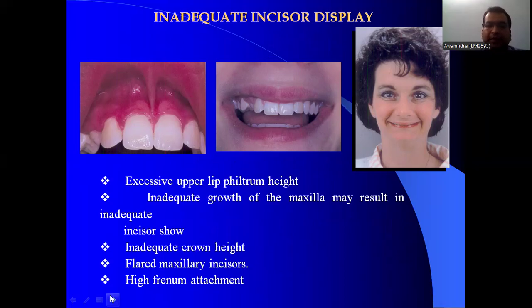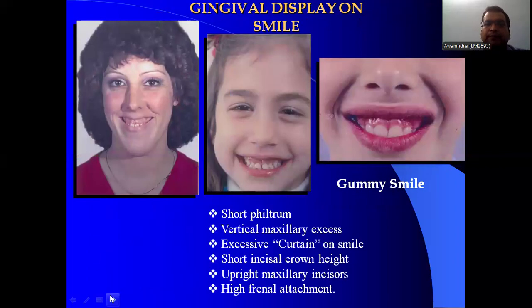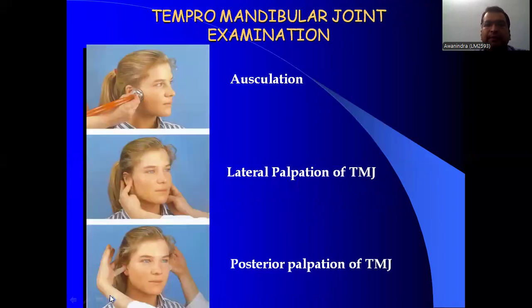Inadequate growth of the maxilla may result in inadequate incisor display, inadequate crown height, flared maxillary incisors, and high frenal attachments. Gingival visibility in the smile is also known as a gummy smile. You will get a gummy smile in cases of short philtrum, vertical maxillary excess, excessive curtain on a smile, short incisal crown, upright maxillary incisors, and high frenal attachments.